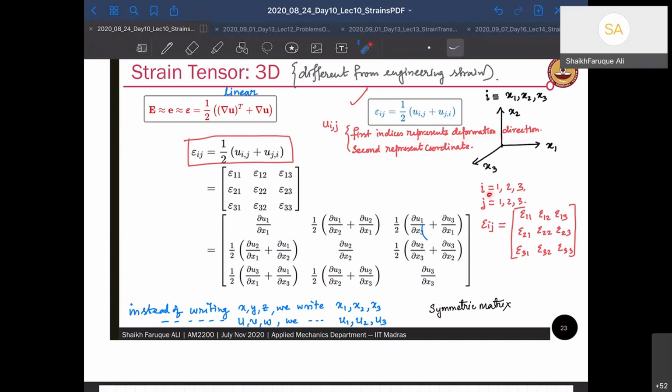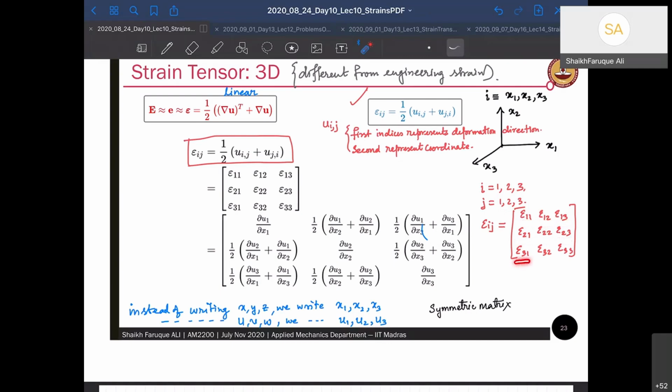So i goes from 1 to 3, one coordinate to two coordinate to three coordinate. Similarly, j goes from 1, 2, and 3. So epsilon ij, since there are 3 notations, I will have epsilon 11, epsilon 12, epsilon 13, again epsilon 21, epsilon 22, and epsilon 23.